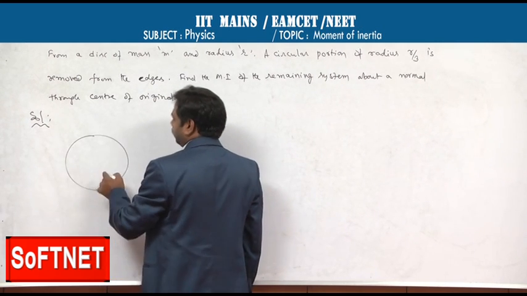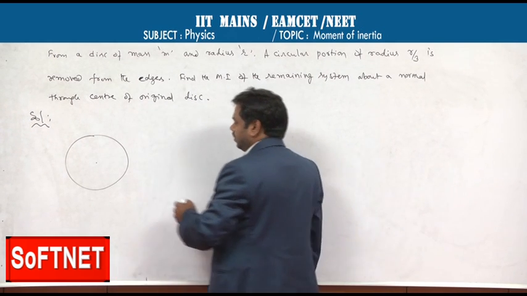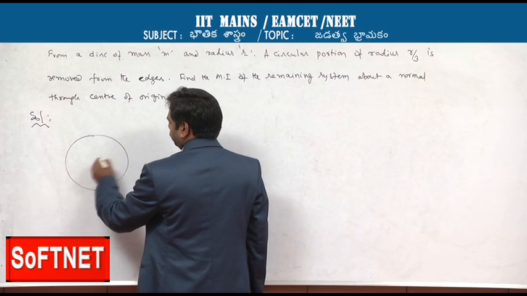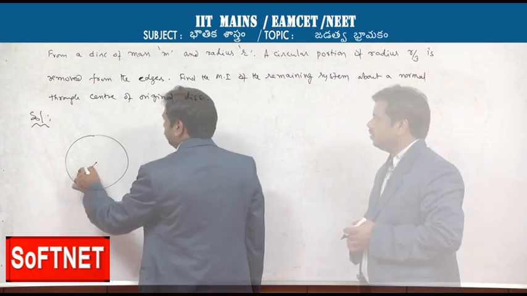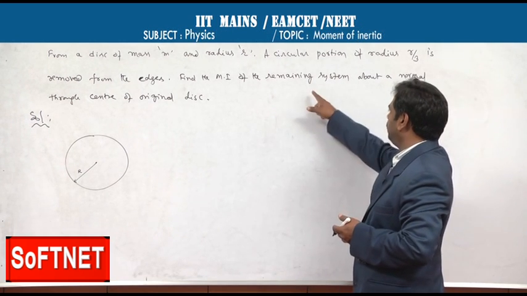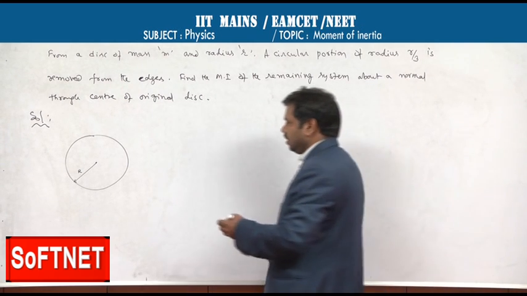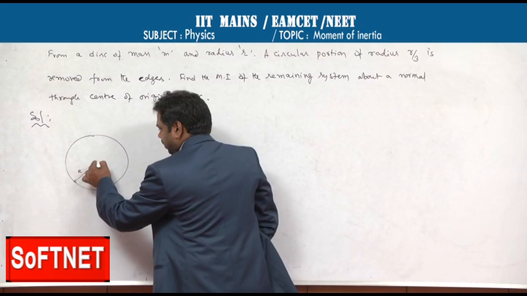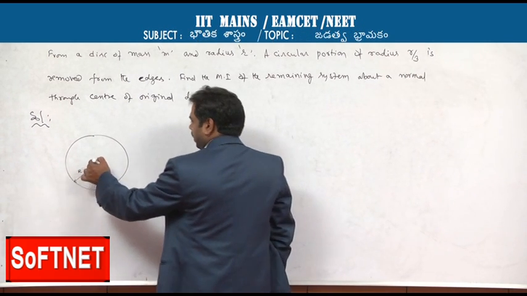This is the disk, this is the center, and the radius of the disk is given to you as capital R. So here we need to find the moment of inertia of the remaining system about a normal through the center of the original disk. That is, this will become the axis. With respect to this axis, we need to find it.